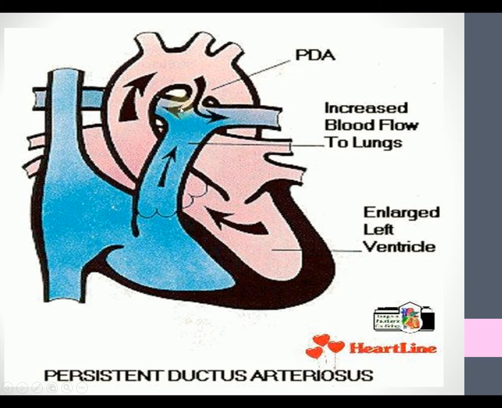If you hear a murmur in an infant that's less than 24 hours old, it's usually because this just hasn't closed yet, but it will close as soon as the baby breathes and the oxygen level in the lungs comes up, and there's a whole lot of little chemical things that say close me. So in the first 24 hours, you may hear a murmur off and on, and it's usually benign.